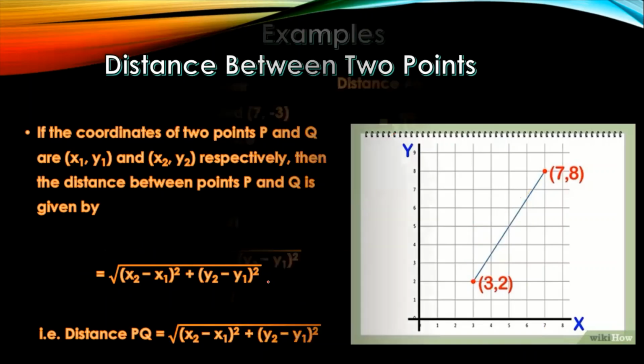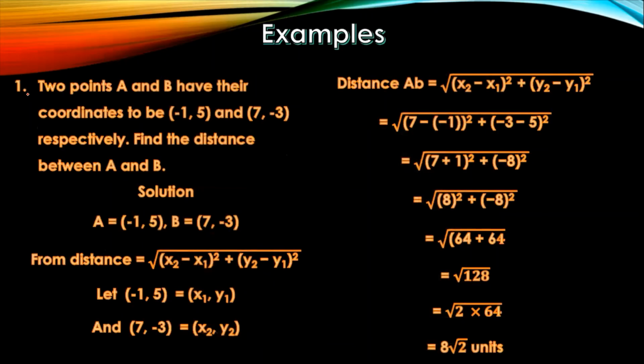Now let's solve some questions under this. Look at this beautiful question. It says 2 points A and B have their coordinates to be this. Find the distance between A and B. Now we know that A equals (-1, 5) and B equals (7, -3). The first coordinate is our x1, y1, and the second coordinate is our x2, y2.